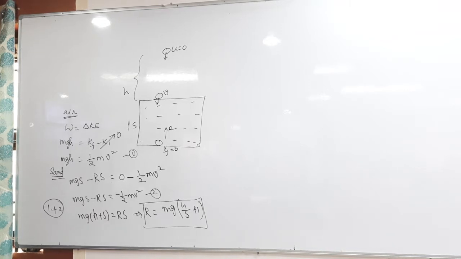Write another problem. A bullet of mass m, moving with velocity v, penetrates into a wooden block through a distance x.